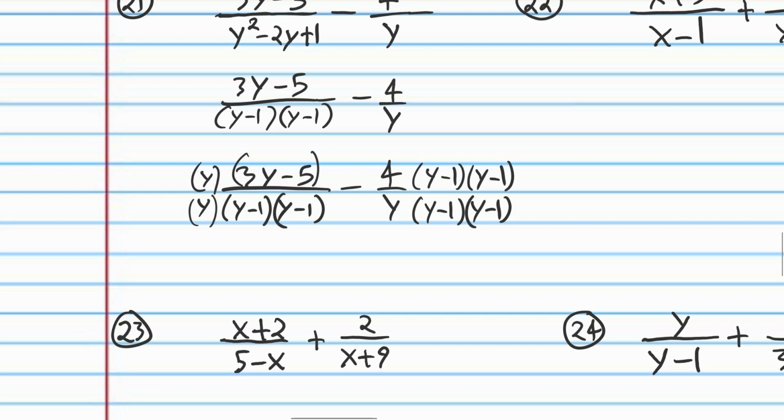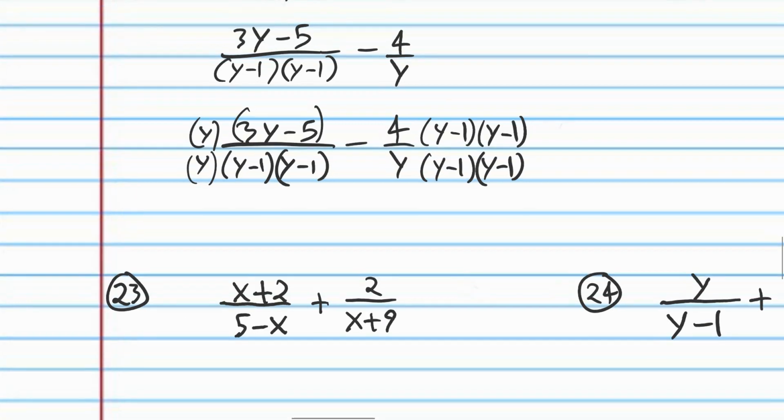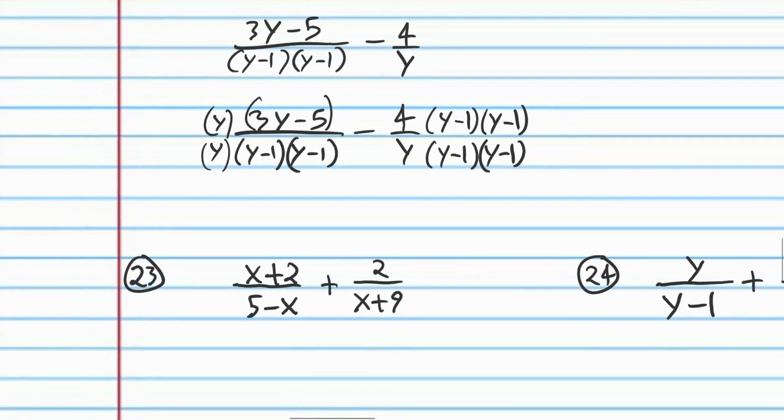So let me double check everything, see if we got everything set up properly. Looks correct. So again, you can distribute the 4 into one of these, and I stress one of them. Then you can FOIL, or you can just FOIL this out and multiply by 4. So that's what I'm going to do. But first, let's do the easy part.